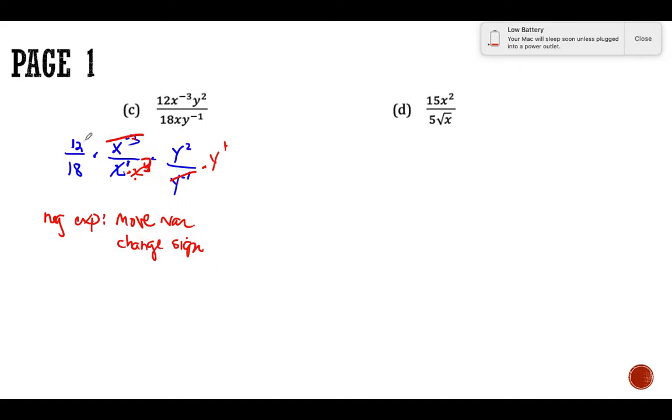Now over here, I have a common 6, don't I? That's 6 times 2, and that's 6 times 3. So the 6 divided by 6 is going to cancel out. So I am left with 2y cubed, y cubed over 3x to the 4th.